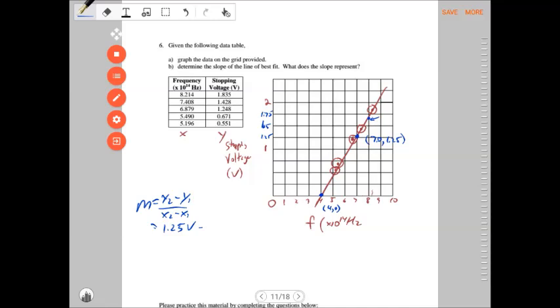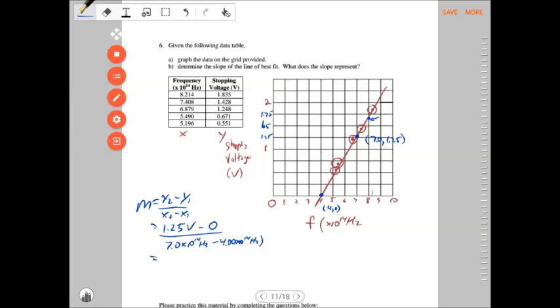Anyway, so 1.25 minus the y coordinate, oh, look, that's 0. Well, that's cool. And then the x's are 7.0 times 10 to the 14th hertz minus 4.00 times 10 to the 14 hertz.